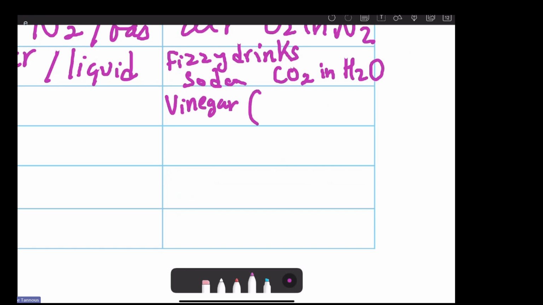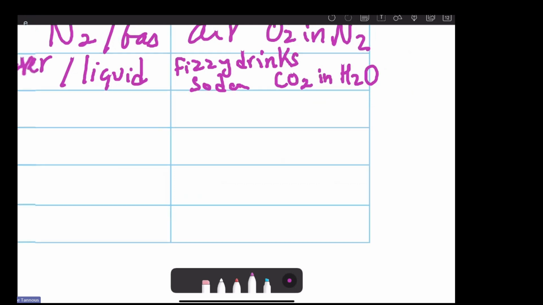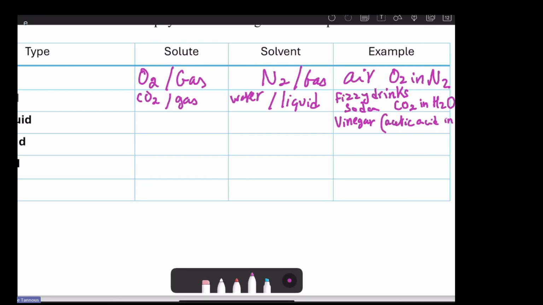Acetic acid is the vinegar in water. Acetic acid in water. So both of them are liquid. The solvent again is the water, and the solute is the acetic acid.